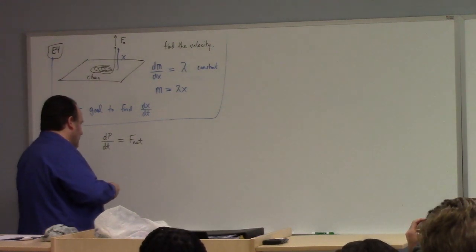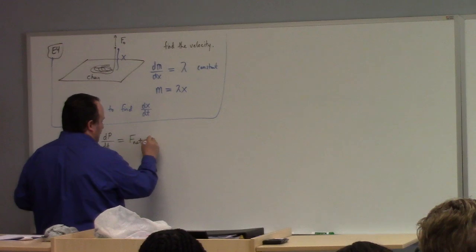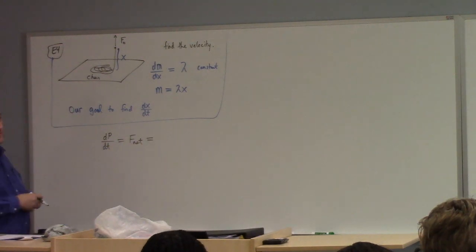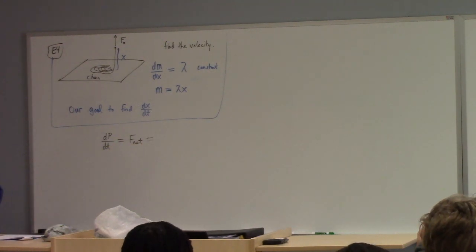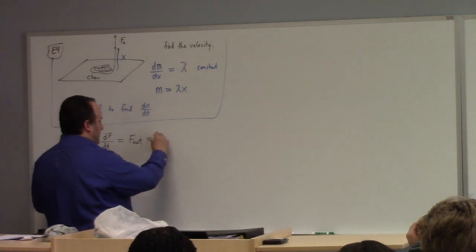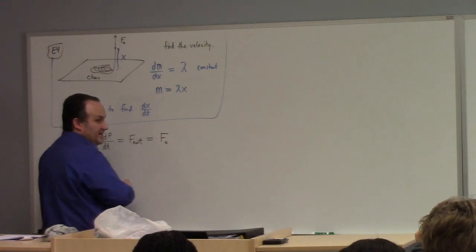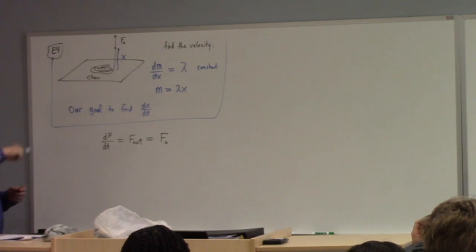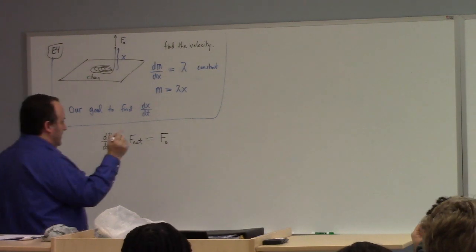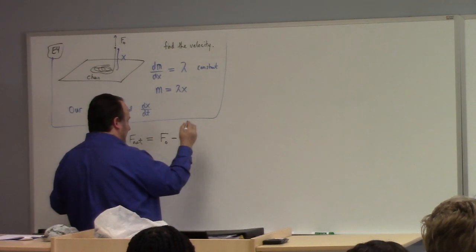So, the net force here: what is the net force? There are two forces. F naught, which is just a constant force, that's given. You're just pulling up on it with constant force. But minus the weight, right?